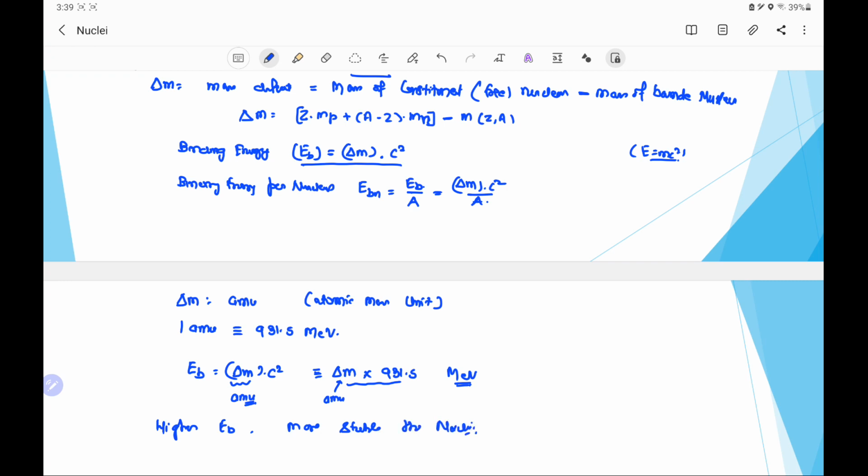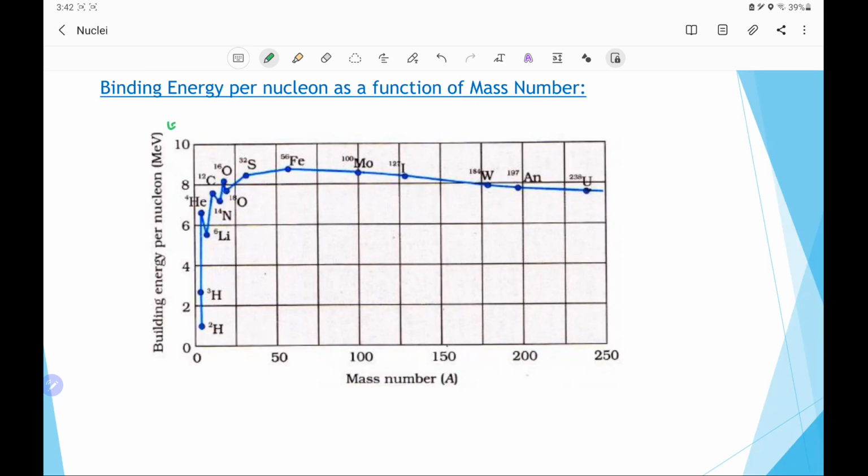Let us see a graph of the binding energy per nucleon with mass number. The graph shown is for the binding energy per nucleon, which is taken on the y-axis with respect to the mass number A on the x-axis. This binding energy per nucleon increases on an average as the mass number increases, and it reaches the maximum.